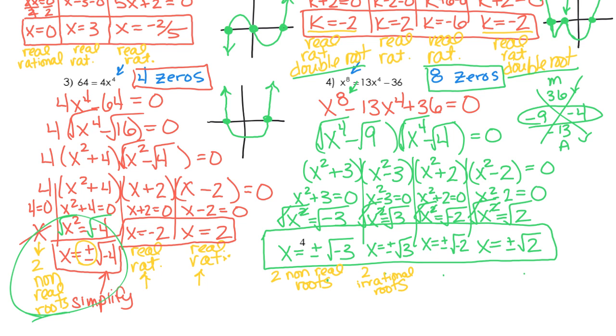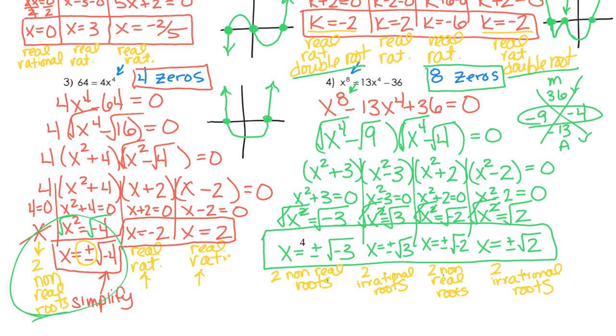This one over here does have the negative underneath, so we're going back to being 2 non-real roots. And here this goes back to not having a negative, and the square root of 2 is a not nice number, which is irrational. So these would be 2 irrational roots.